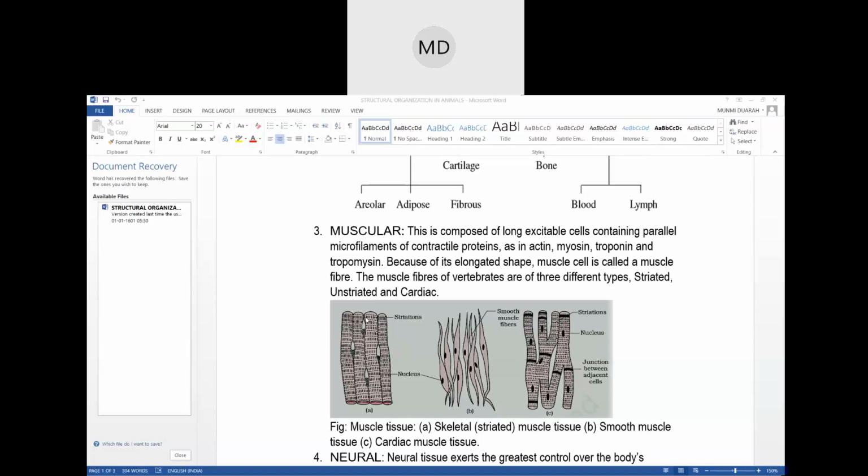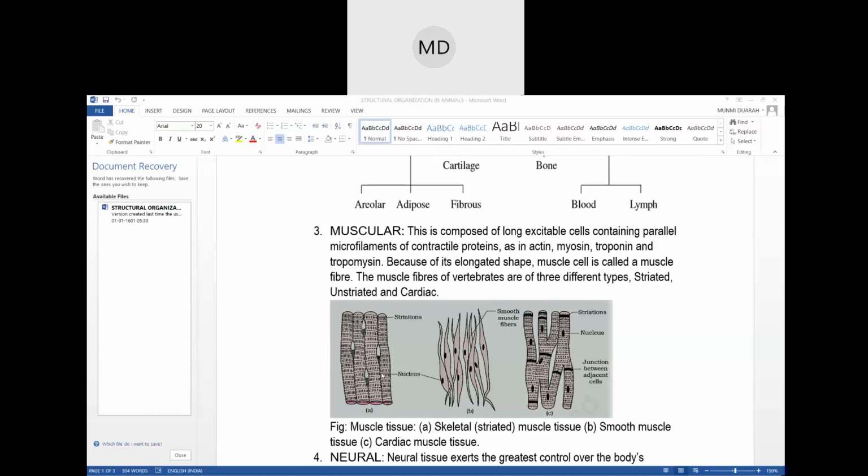Groove. Yes, ma'am. So striations are some sort of grooves or ridges. Since these grooves are there, these are known as striations, and hence the term striated muscle.